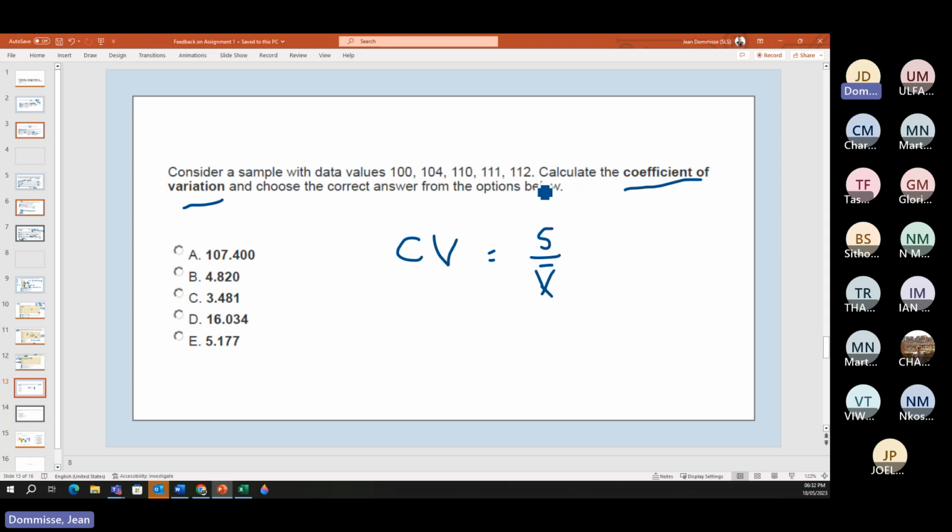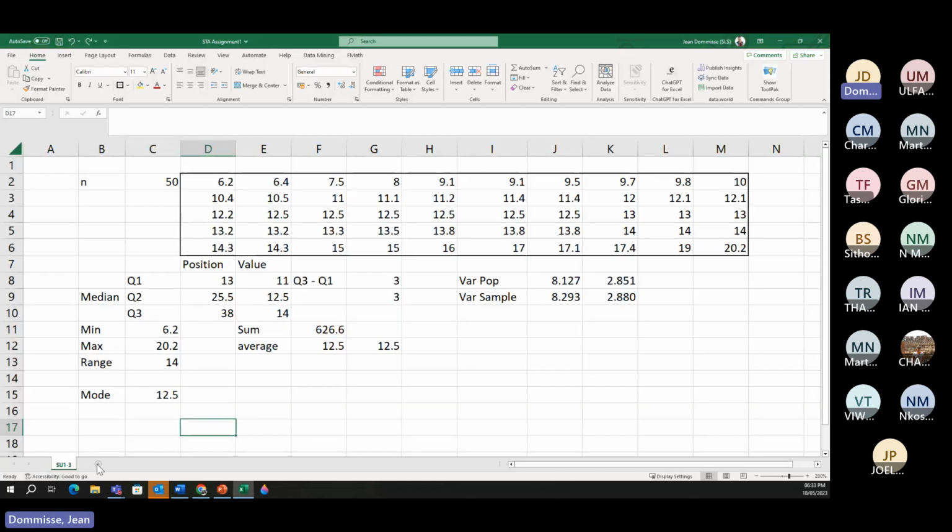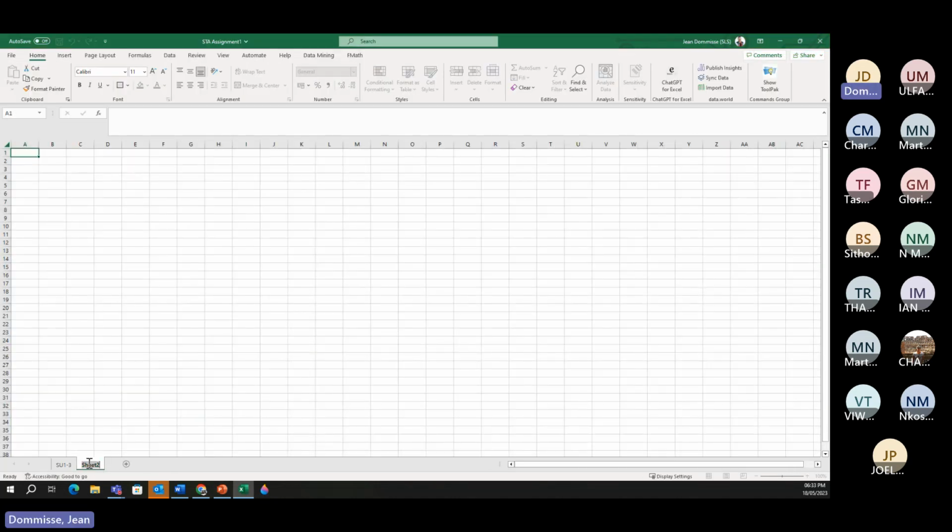Okay, so that is how your coefficient of variation is calculated. I don't even know if there is a coefficient of variation formula. We can just check for you.